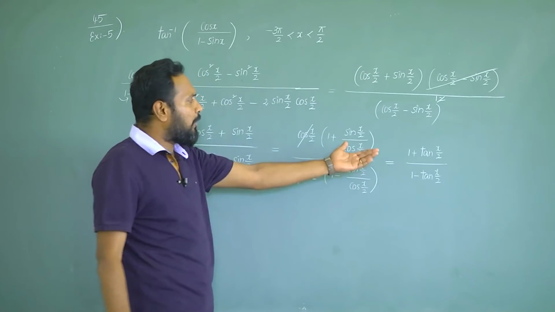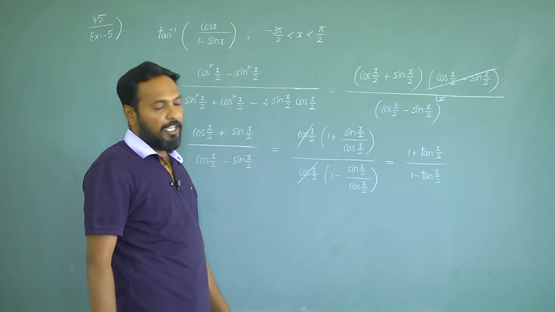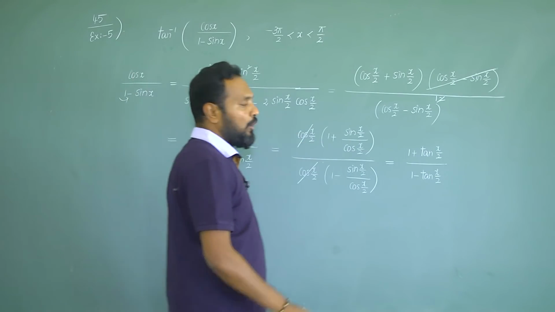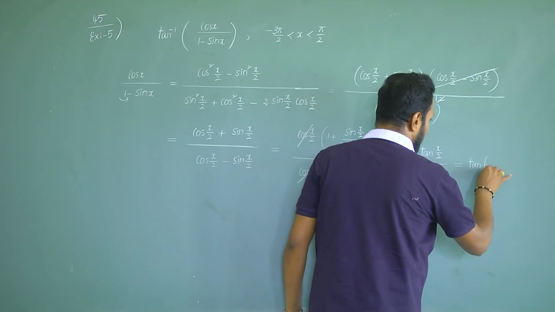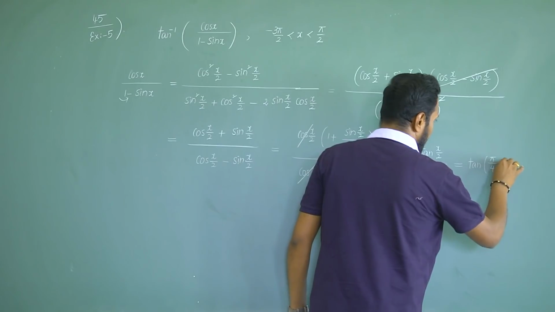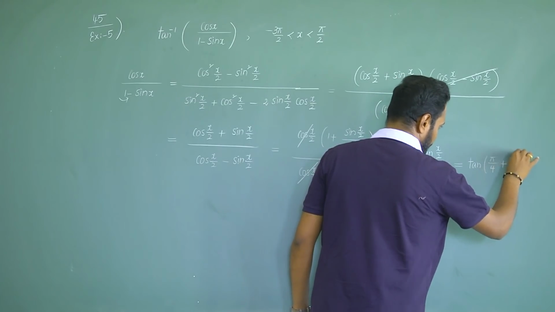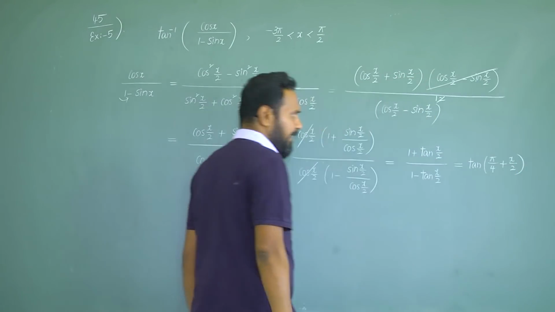What is the formula for that, 1 plus tan x/2 by 1 minus tan x/2? As you already know from the previous problem, it is tan of (pi/4 plus x/2).